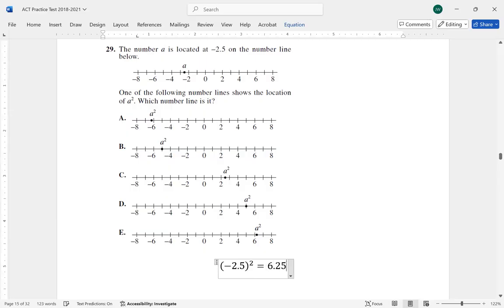That's just 6.25, so that should be slightly above 6. The only option that gives us slightly above 6 is option E. So E is the correct answer as far as how you draw that on a number line. So that's the answer to question 29.